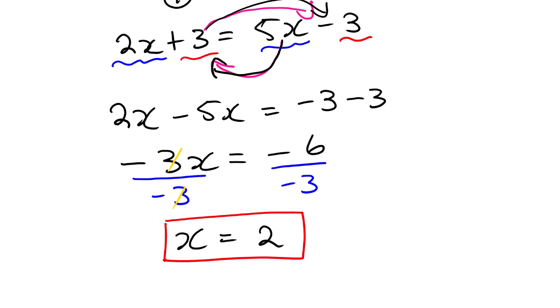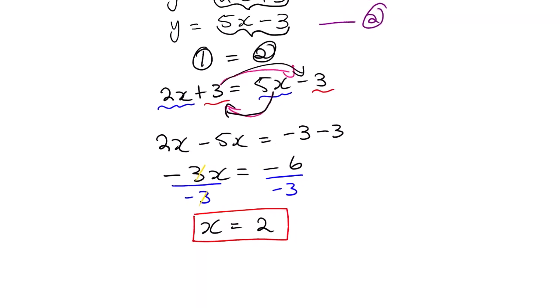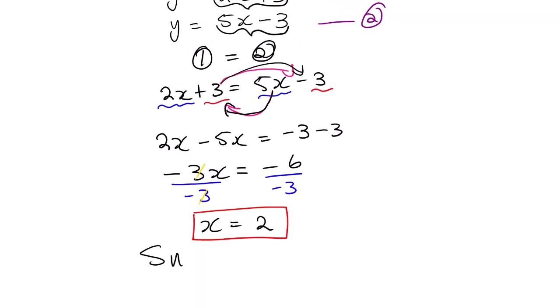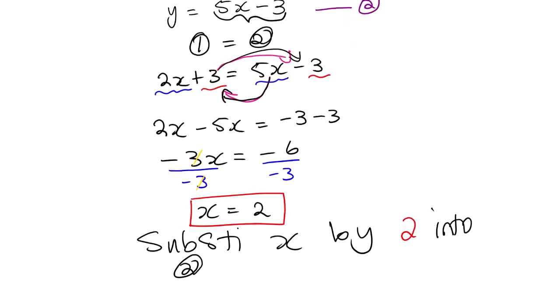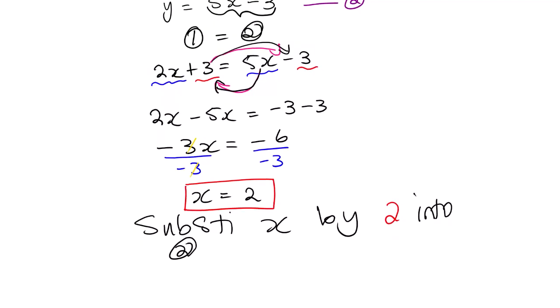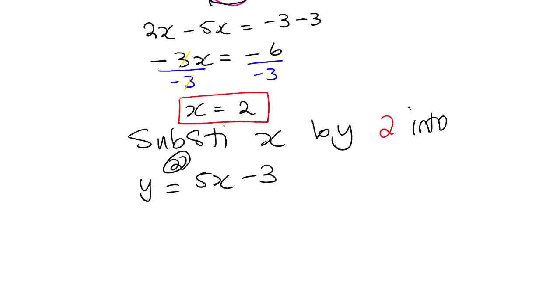We need to solve for y. So we can choose any equation, substitute x by 2 into equation 2. It doesn't matter which equation you choose, the answers will be the same. So equation 2 is y equals 5x minus 3.